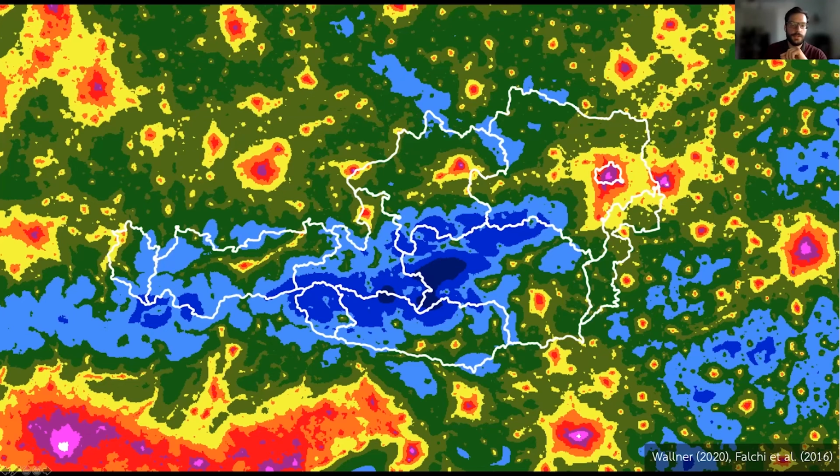You can see here again, the blue colors are for natural night skies, and the red or orange colors are for the light polluted areas, with the purple being more or less the sources themselves. And of course, the most polluted area in Austria is the eastern part with Vienna, not only due to Vienna, but also because of Bratislava, for example.